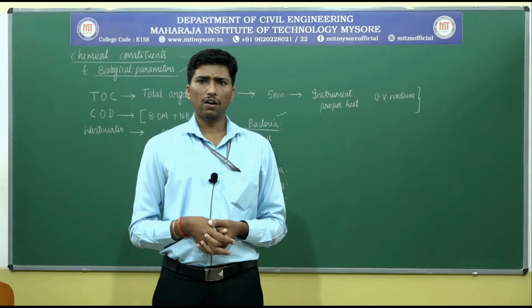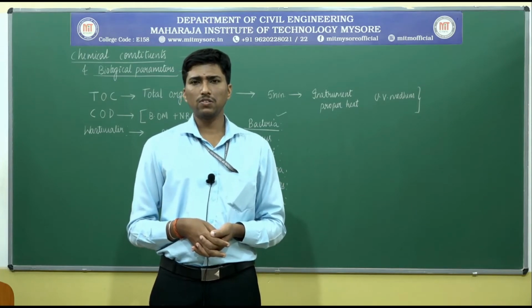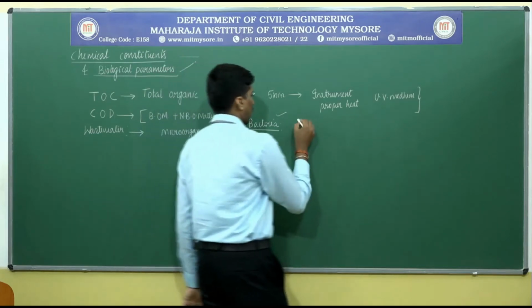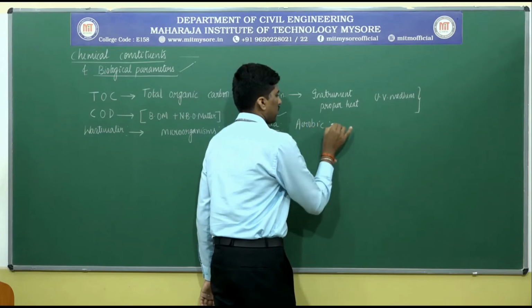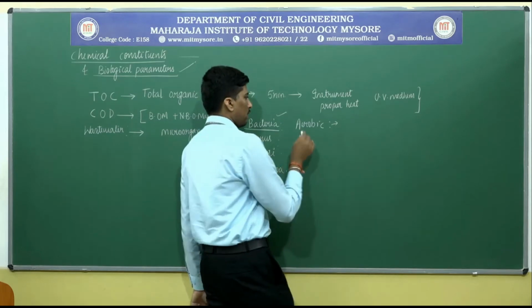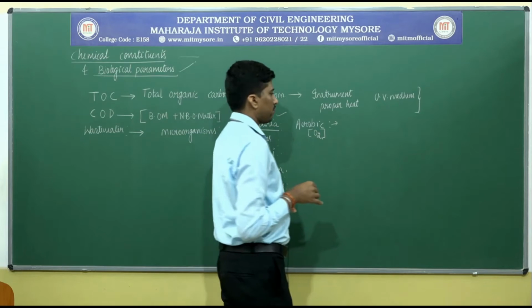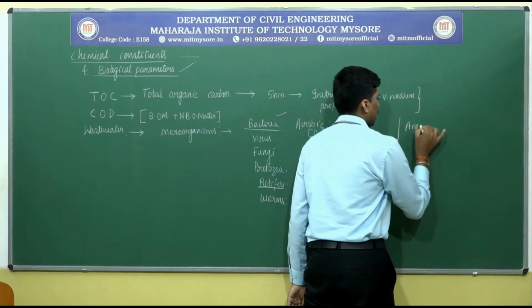Bacteria are also categorized into three different types on the basis of oxygen consumption. They are either aerobic in nature, where they consume or depend upon the oxygen content present in the wastewater, or anaerobic in nature.